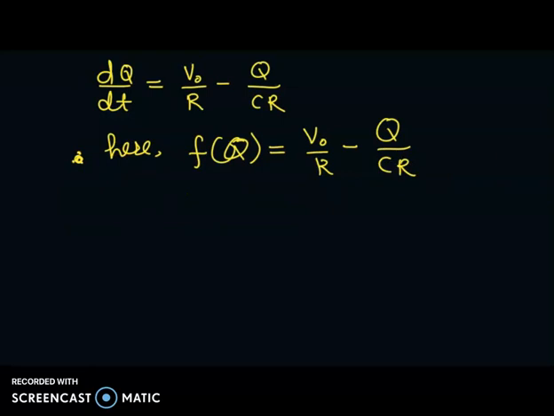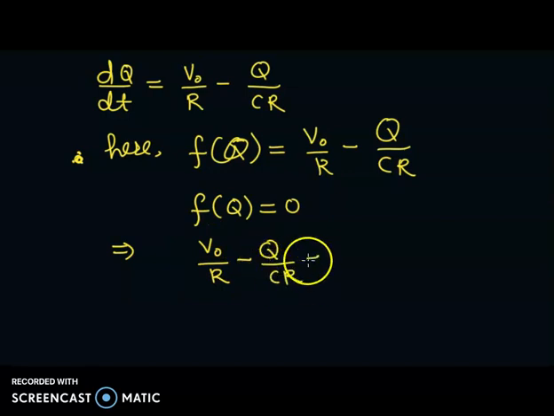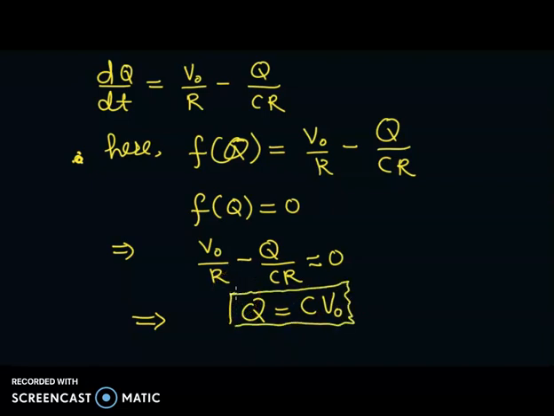For finding the fixed point, I mean equilibrium point, we set this to 0, and this says that V naught over R minus Q over CR must be equal to 0, so Q should be equal to C V naught. So the equilibrium solution is Q star equals CV naught.